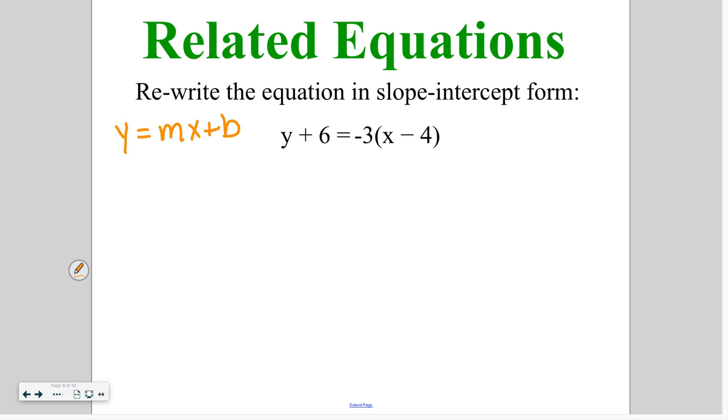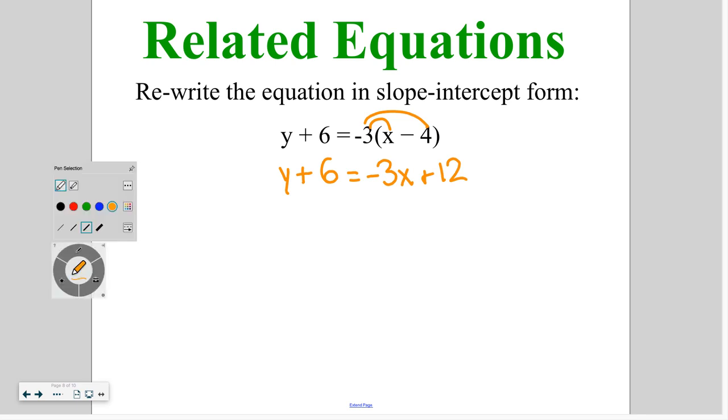So all we are concerned about doing is rearranging so that y is the only thing on one side of the equation. Looking at this one to start, again, your first goal is to get rid of parentheses. So we're going to use our distributive property and get y plus 6 is equal to negative 3x plus 12. Negative 3 times negative 4 turns into a positive 12.